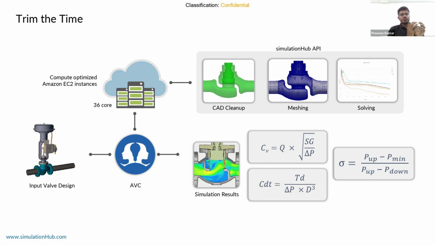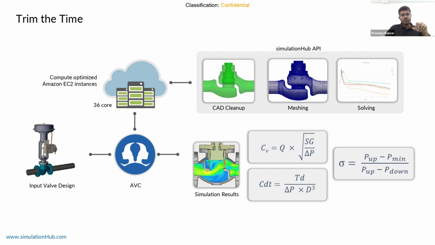When you submit an input valve design to the AVC application, it starts a dedicated Amazon EC2 instance, a 36 core machine, and all these CFD processes, CAD cleanup, meshing, solve, everything is done autonomously on the cloud.